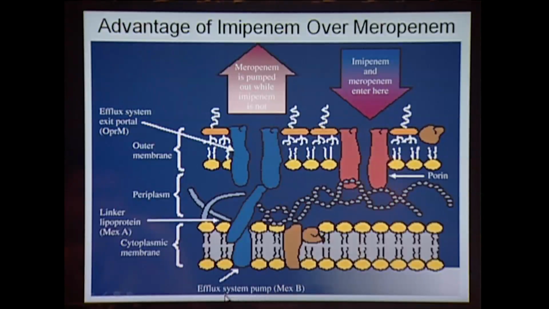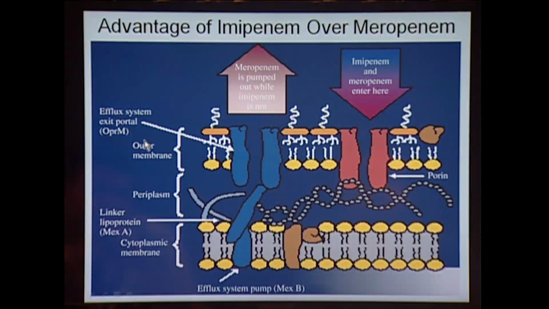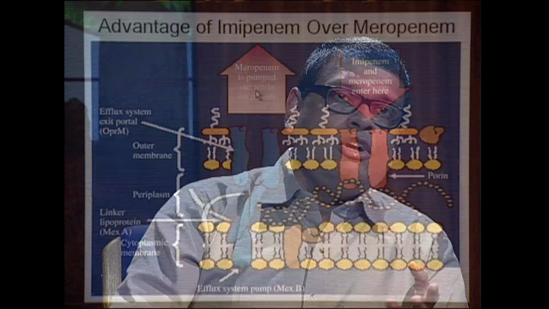Meropenem will be eliminated by some mechanism, which is the efflux system of MexB or MexA, which takes it out into the outer membrane, and finally the OprM will be pulling it out of the cell wall. So, before the molecule is active, it is thrown out of the bacterial cell. Look how smart the bacterial system is in order to cater resistance to costly antibiotics like meropenem.